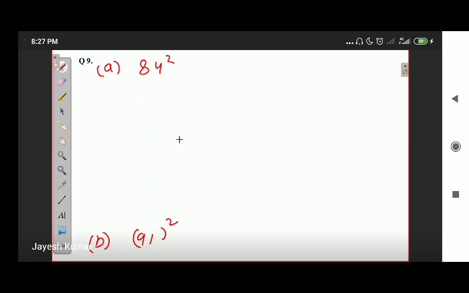So once again, one way to do this will be multiplying 84 with 84, but that is not the correct way because we are studying the exercise regarding identities. So we will reduce it as (80 + 4) whole square, and once again use the formula.